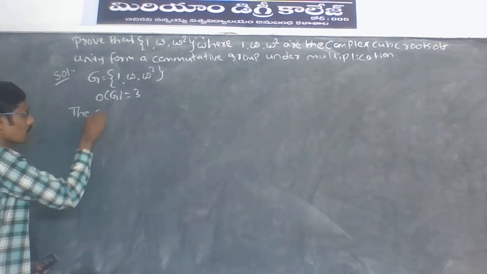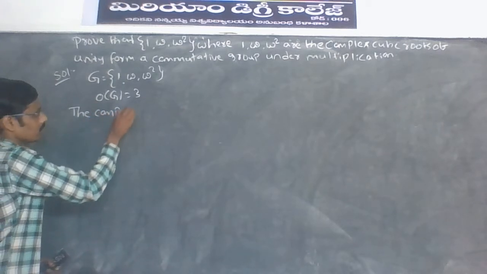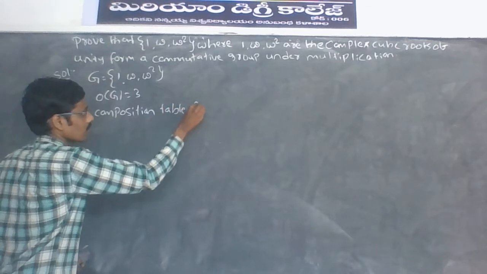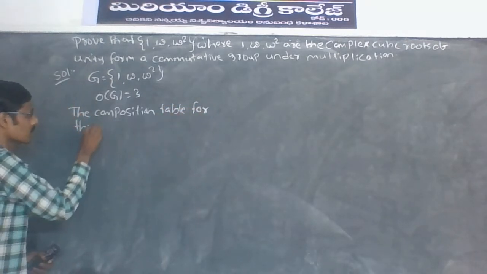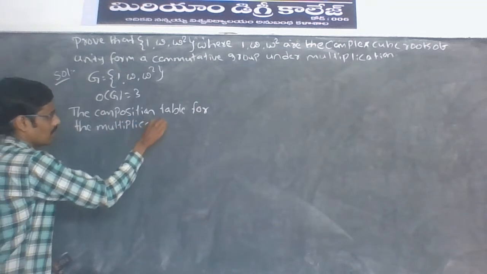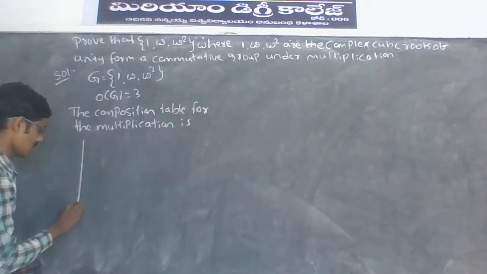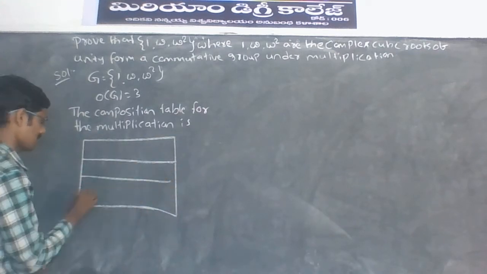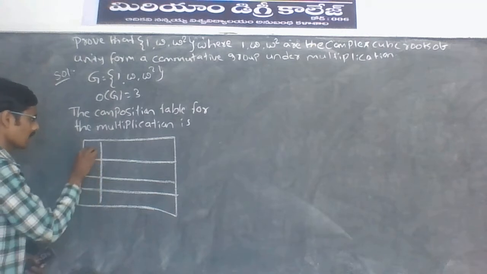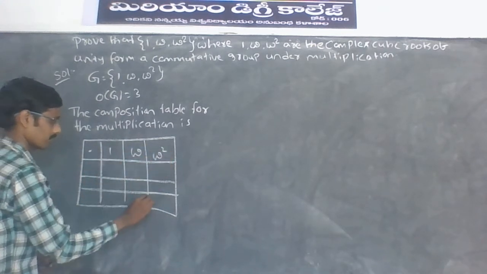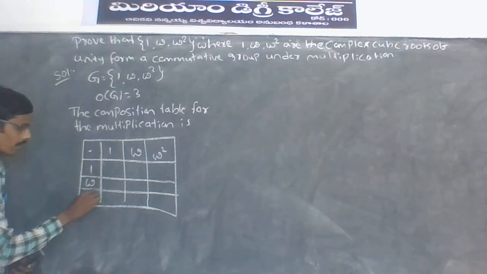The composition table for the multiplication is: 1, omega, omega square.